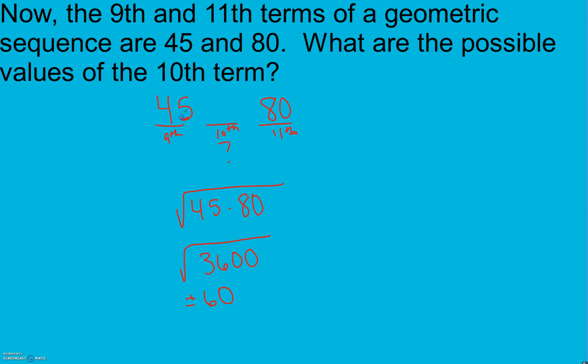So those are what my values could have been here. And that's a little bit easier to use here because our common ratios wouldn't have been super great to work with. So we can use this formula, square root of x times y, to get our middle term, instead of doing 45 times r squared equals 80. And that would have worked as well to give us our common ratio, and then we could have used our common ratio to find the 45.